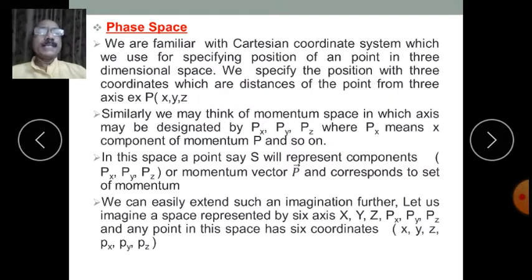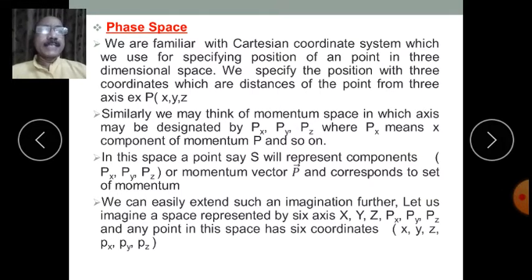Cartesian coordinate system. Similarly, we may think of momentum space, isn't it? So let us think of a momentum space in which the axes may be designated by px, py, and pz, where px means the x component of momentum p and so on. So let us imagine a space in which there are three perpendicular axes like the x, y, and z axes in a Cartesian coordinate system.